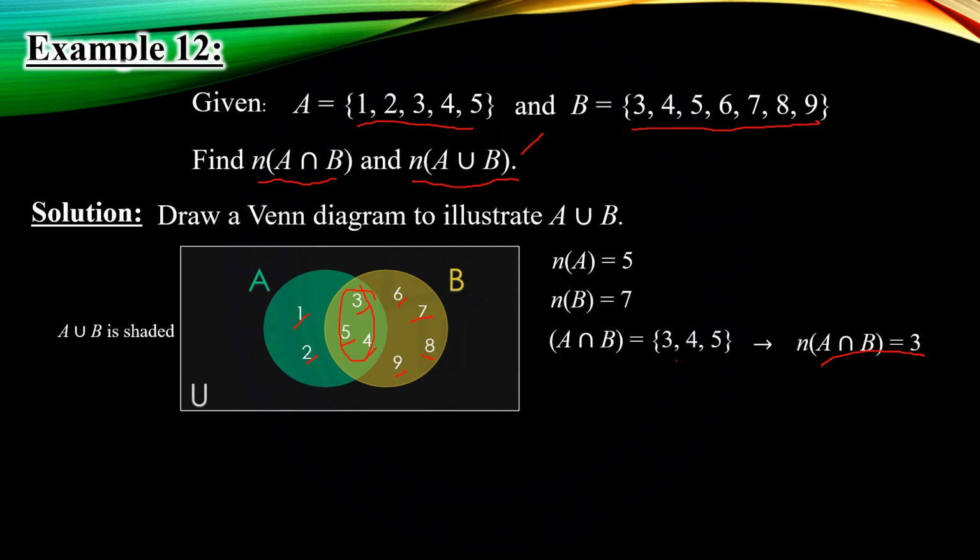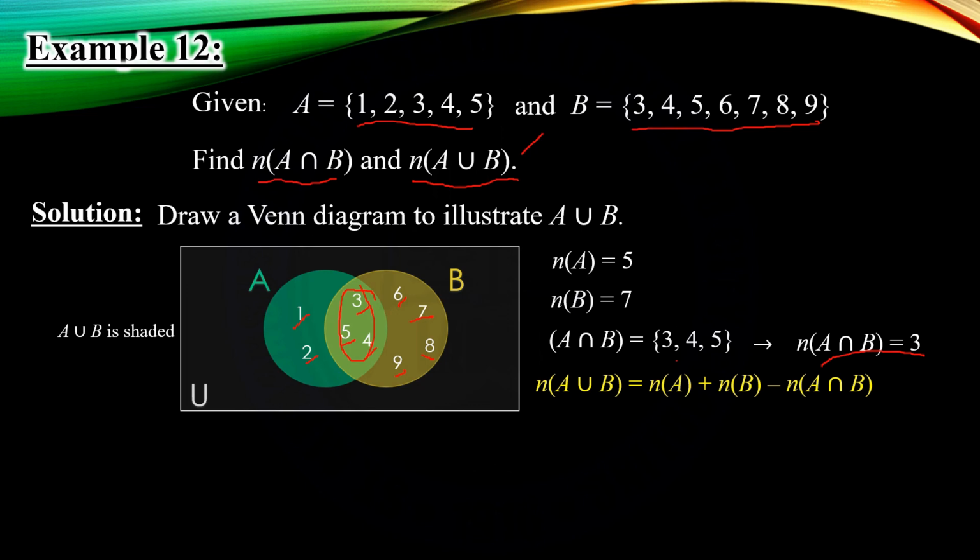So this time, we are going to use this expression, since we are asked to get the cardinality of set A union set B, and the circles in the Venn diagram are overlapping, or the sets A and B have common outcomes.